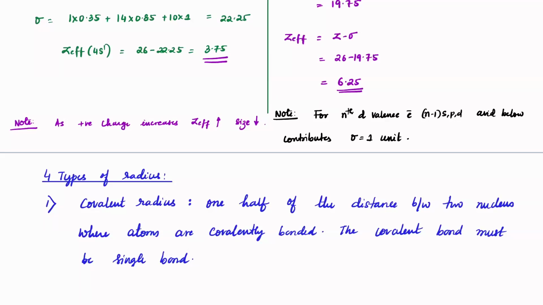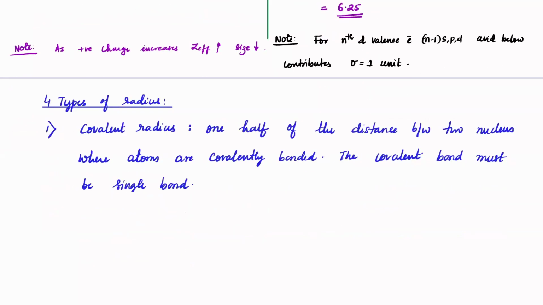And the converse is also true. That means if you keep adding electrons, the Z effective will become smaller and smaller, and the size of the atom will become larger. Okay. Any doubt?